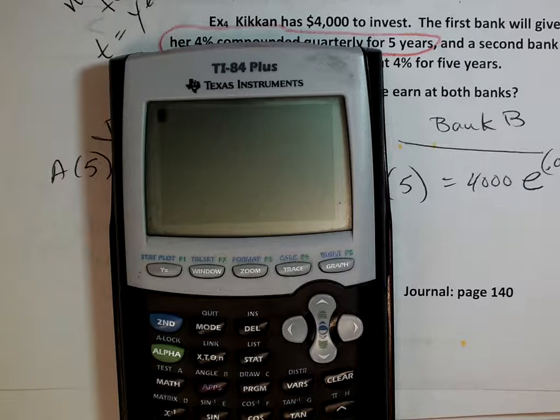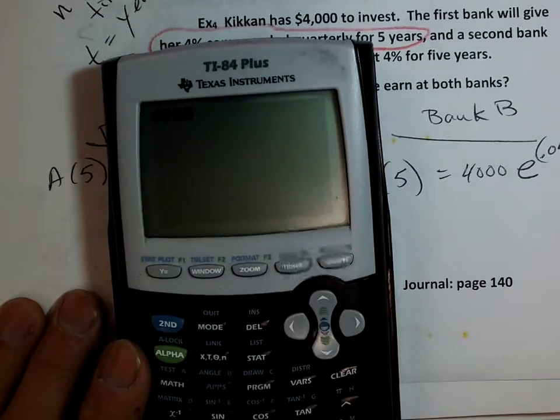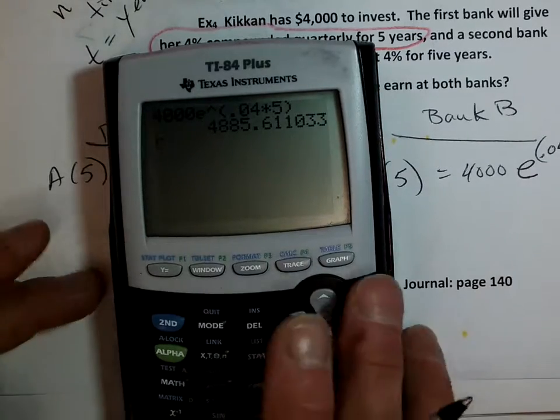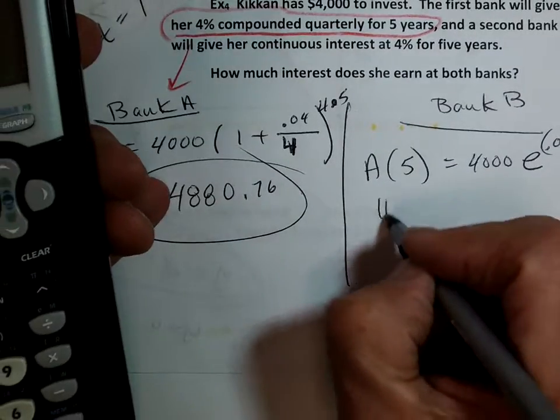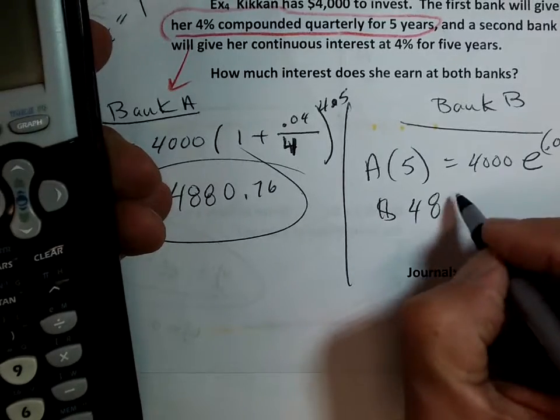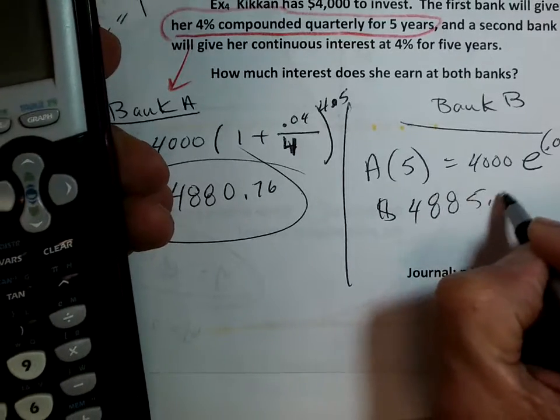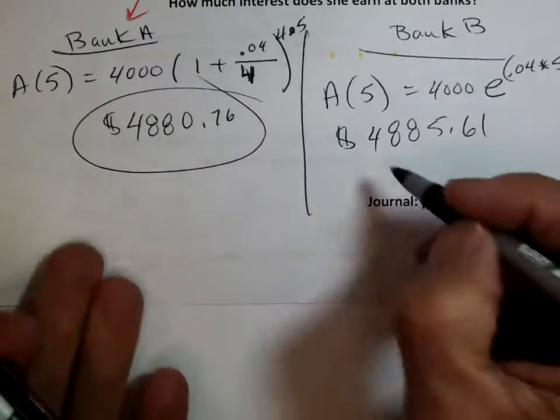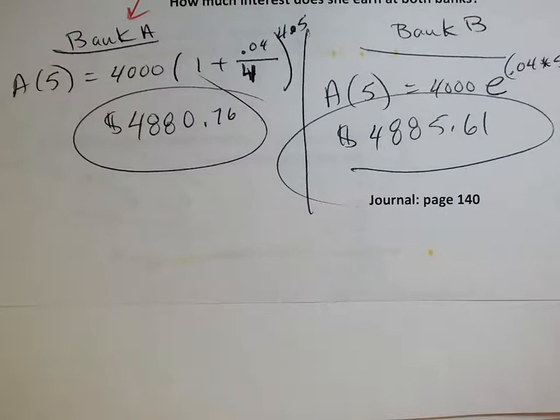So I go 4,000, E to the 0.04 times 5. And I get about $4,885.61. Okay? So she made about $5 more.